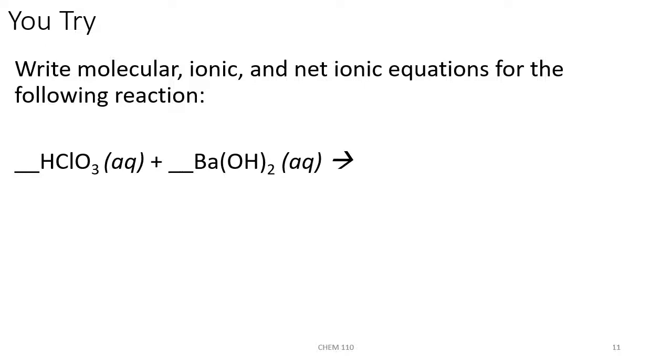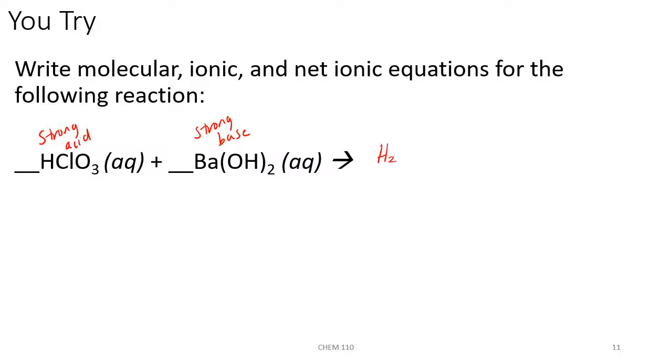Let's try another example. Write the molecular, ionic, and net ionic equations for the following reaction. HClO3 is a strong acid called chloric acid, and Ba(OH)2 is a strong base called barium hydroxide.